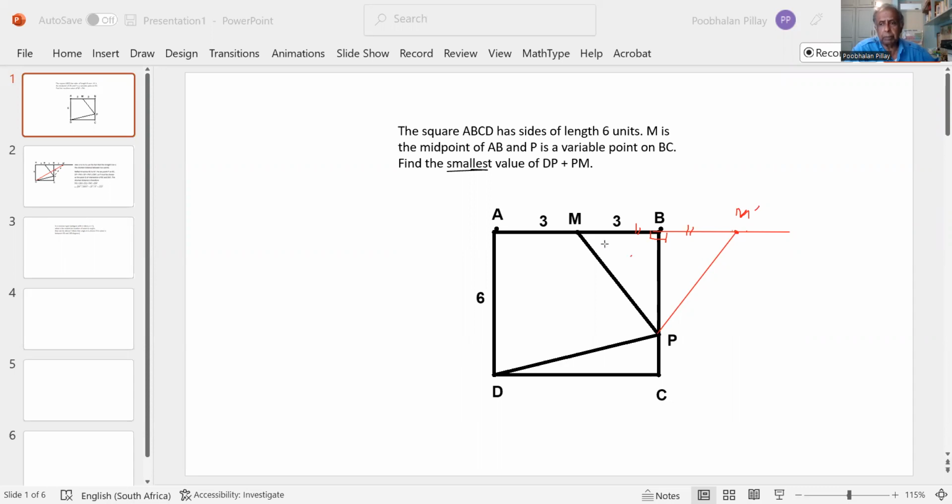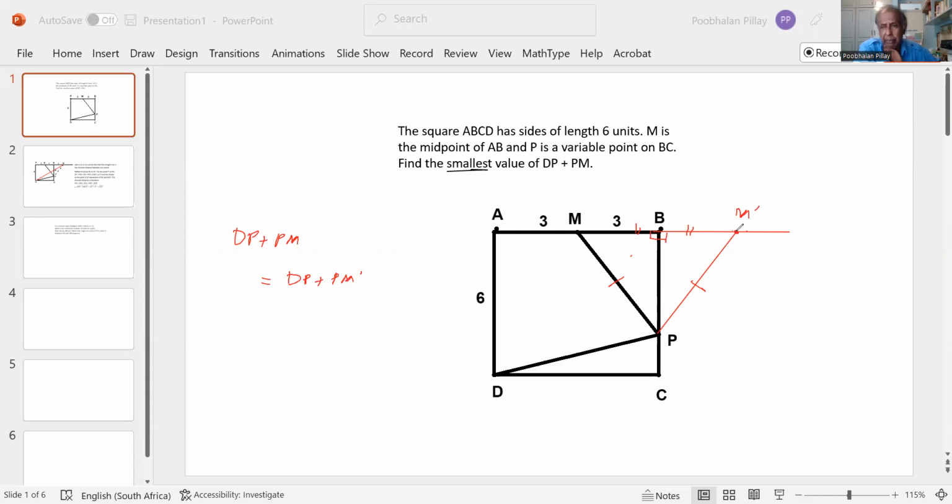They're congruent. So in particular, your PM, which is part of the sum DP plus PM, this PM is the same as that line there. Because these two triangles are congruent. So when you're looking at DP plus PM, it's the same as DP plus PM prime.